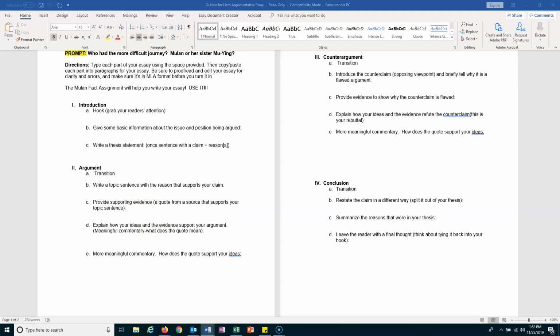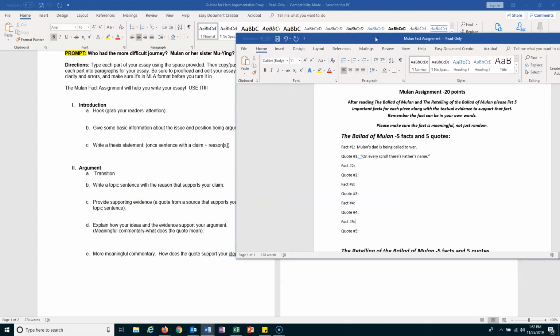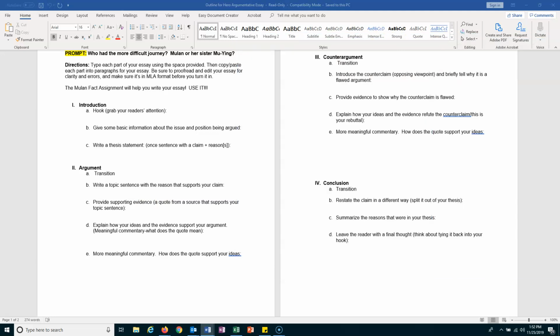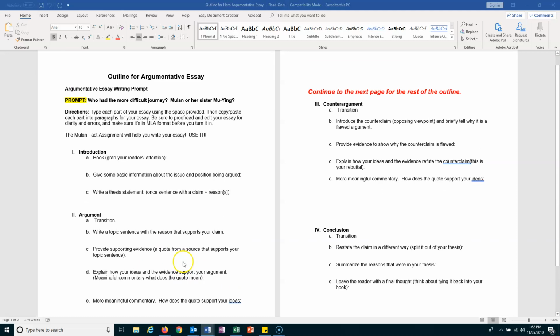So you're going back, you're finding that quote you want to use. So if you want to use the fact sheet, that's what you're going to do. Then you're going to come back through and explain how you feel that quote supports what your decision is, right? So that's that meaningful commentary and reflection. Then you've got a little bit more meaningful commentary and reflection, right?